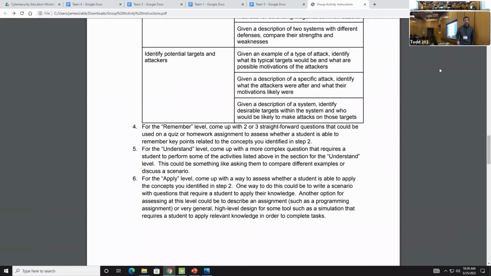So what are some questions we can ask for what we're focusing on?